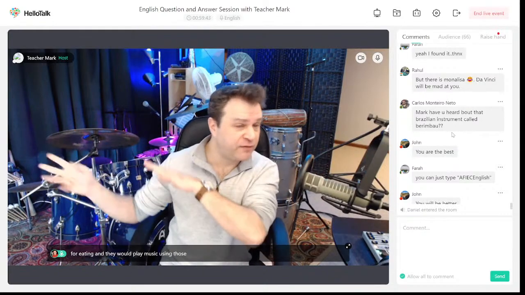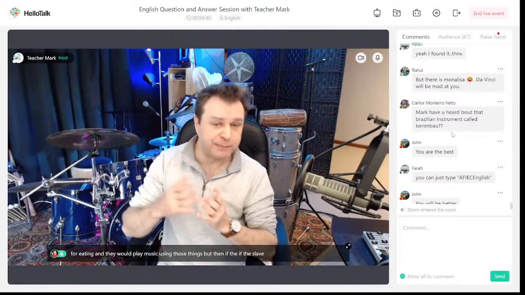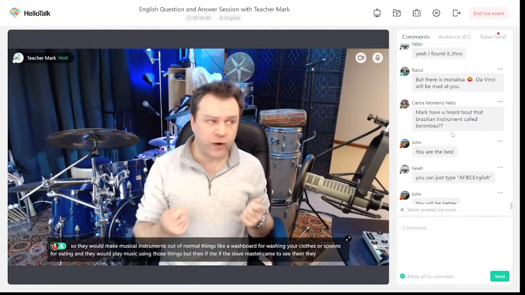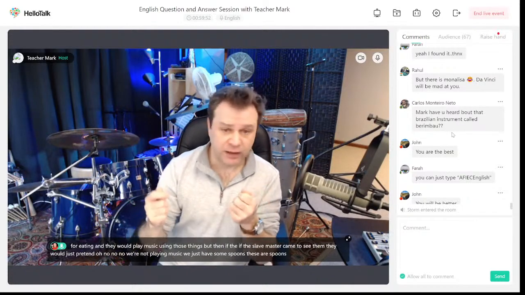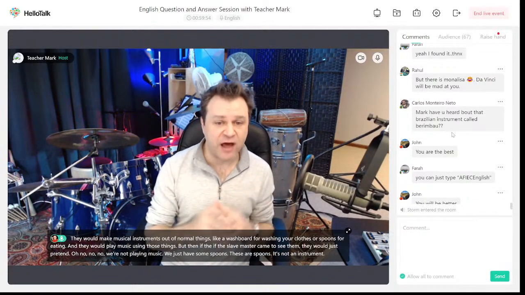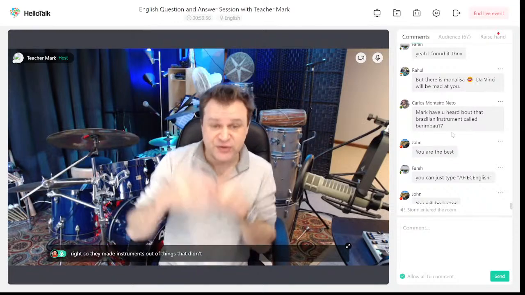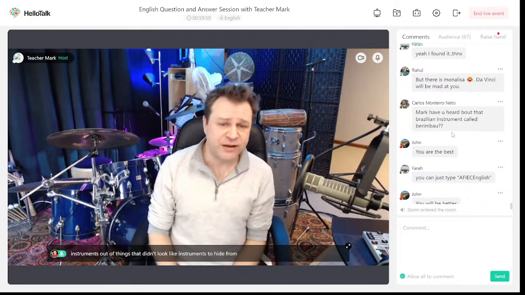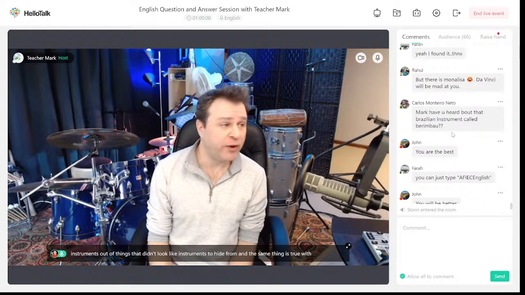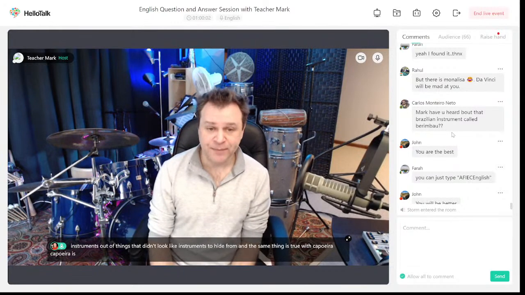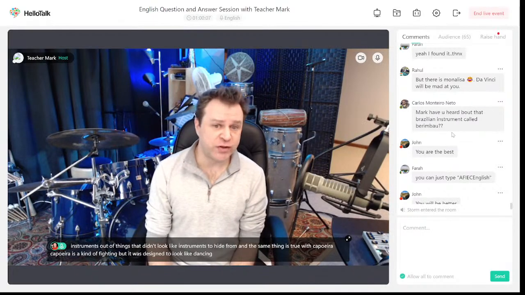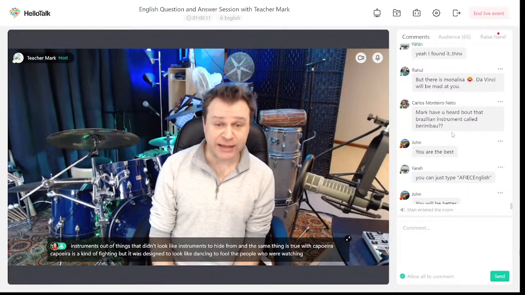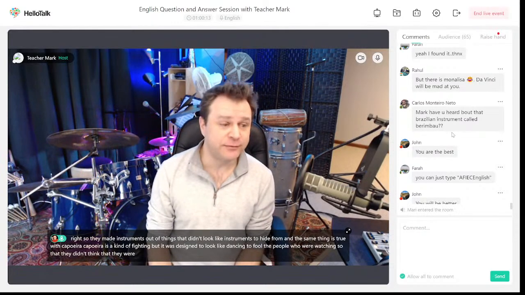But then if the slave master came to see them, they would just pretend, oh, no, we're not playing music. We just have some spoons. These are spoons. It's not an instrument. Right? So they made instruments out of things that didn't look like instruments to hide from. And the same thing is true with capoeira. Capoeira is a kind of fighting, but it was designed to look like dancing to fool the people who were watching so that they didn't think that they were learning a way to fight.